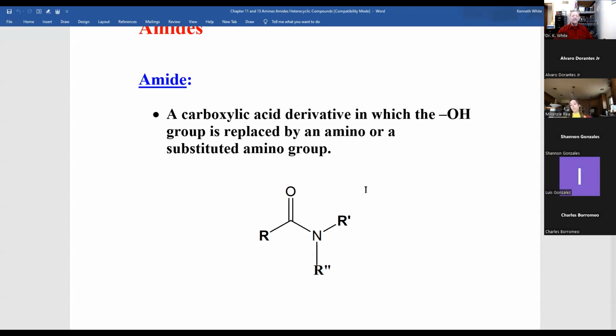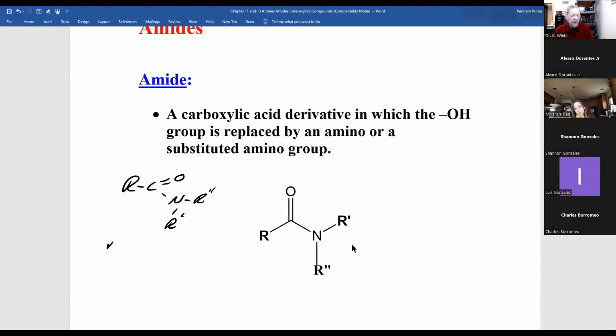On Monday, I started talking about amides. Amides are a derivative of a carboxylic acid. And they have this structure, which a better way of drawing it, my software likes drawing it that way. It doesn't matter which R is R prime and which is on the nitrogen, R double prime, it rotates around.